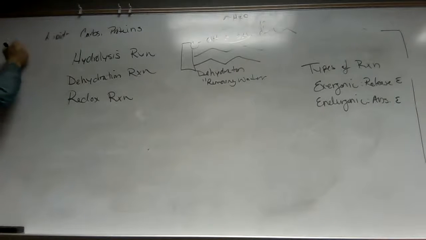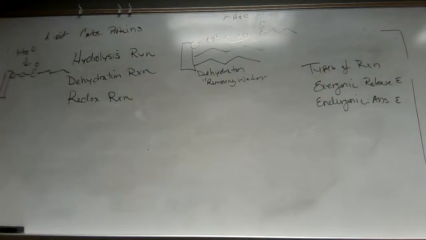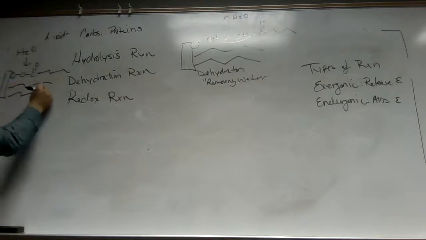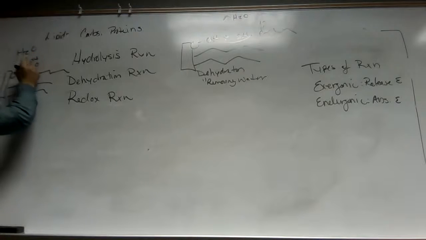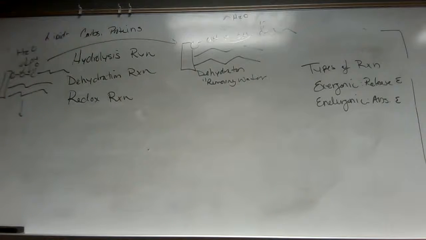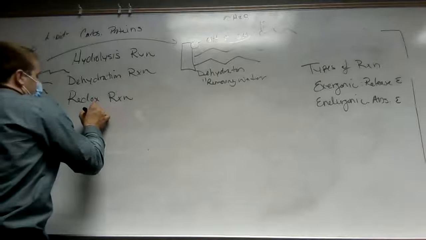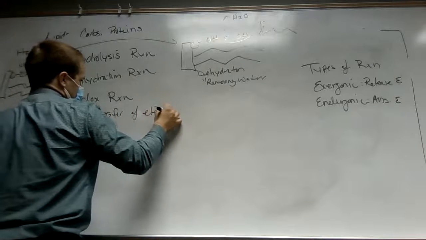We also could take H2O and add it into this and end up with adding our hydrogen and our hydroxy group and back up where we started over here. So it's just a reverse reaction. Redox reactions involve the transfer of electrons.